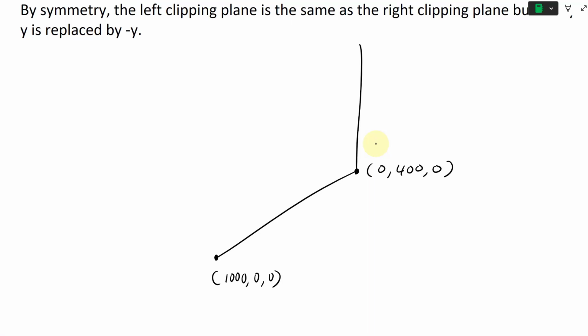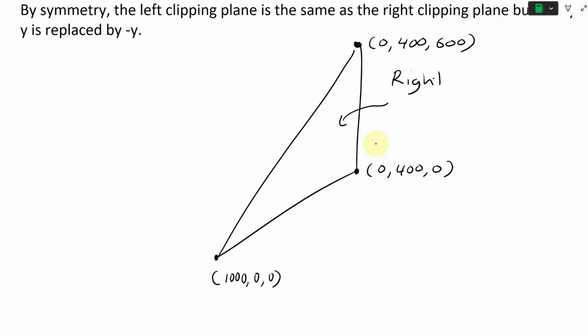Goes up like this, and then this point, this is the right clipping plane, like that. And this point is at 0, 400, 600. And this is our right clipping plane.